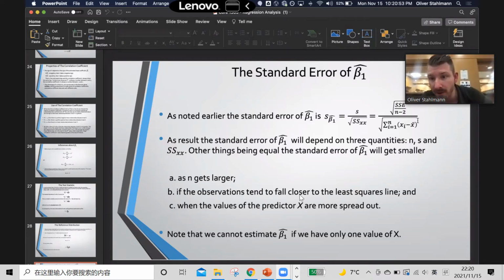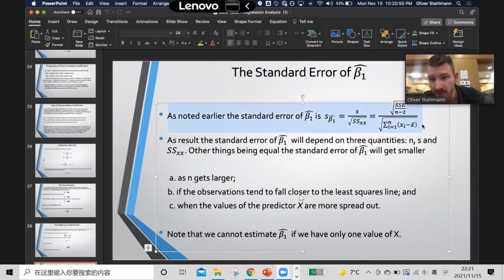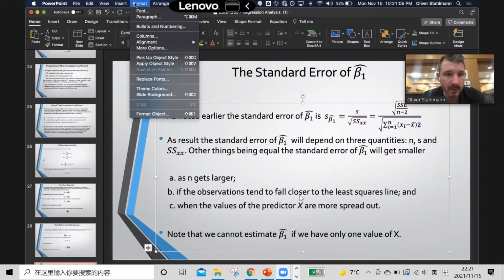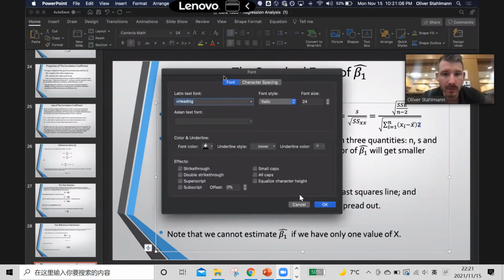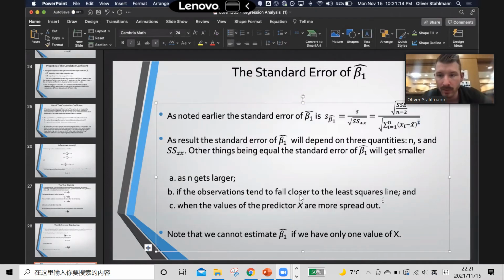This should be all the residuals squared and then take a square root. I think that is the correct one. That makes a lot more sense.